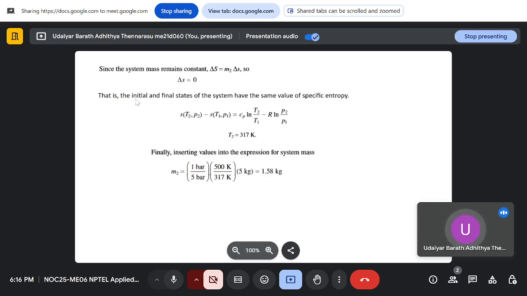So the initial and final states of the system have the same value of specific entropy. So S2 minus S1 is Cp ln T2 by T1 minus R ln P2 by P1.